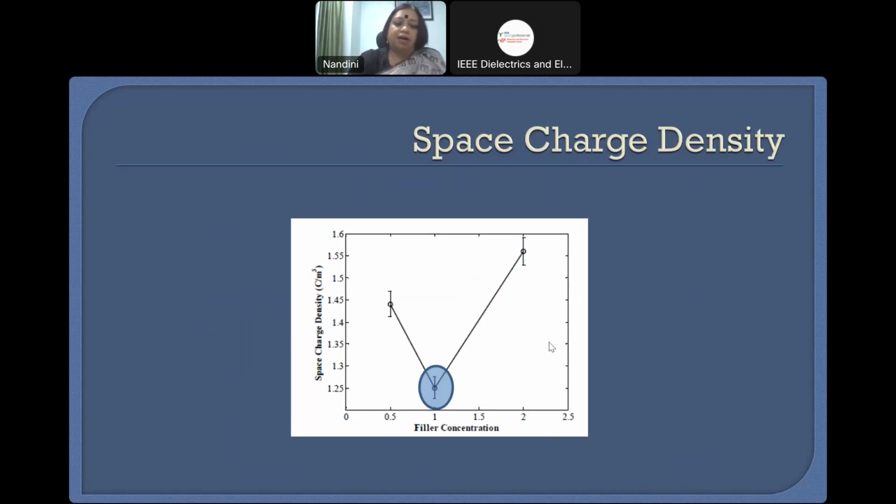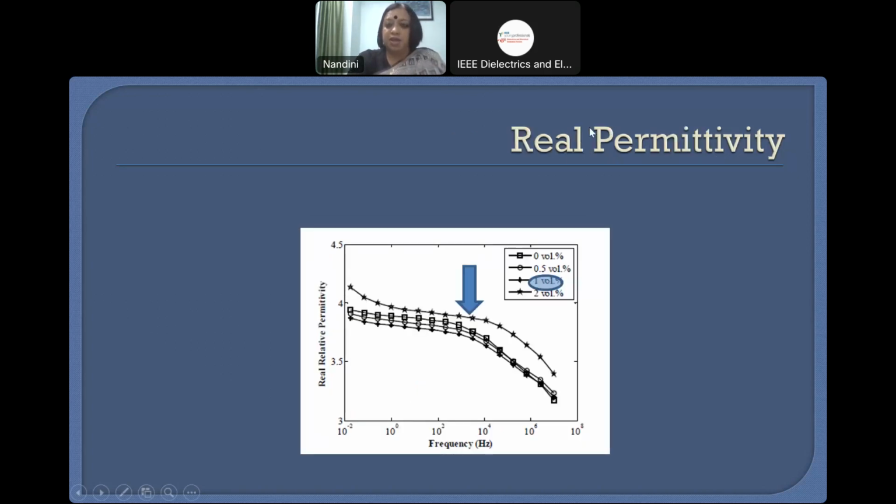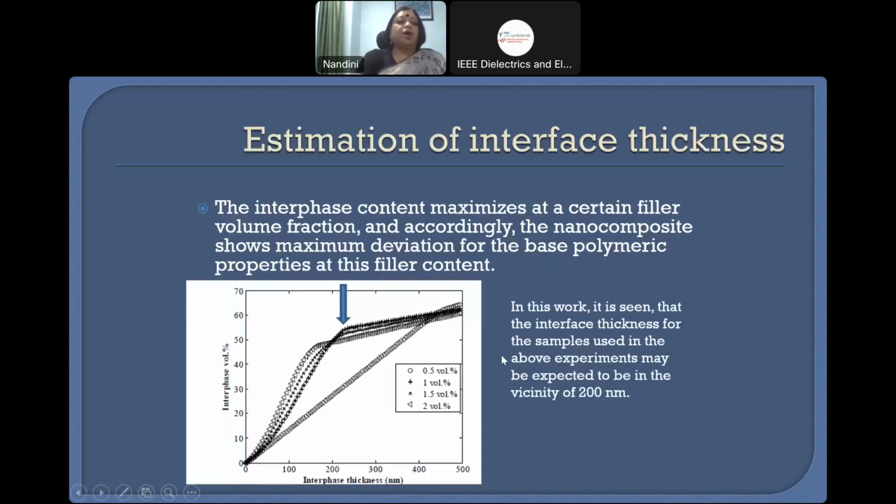A similar trend was seen when we did space charge measurements with pulsed electroacoustic transducers. You have nanocomposites reducing charge density. So the charge density is minimum at 1%, and then it again shoots up at 2%. Similarly, if you look at permittivity, the dielectric constant is highest at 1 volume% and again goes down at 2 volume%.